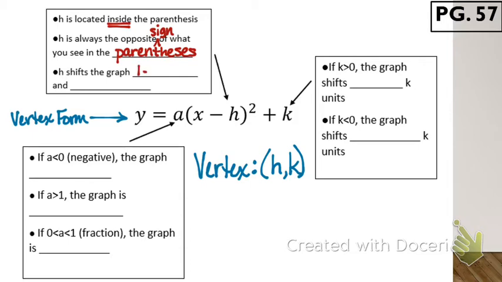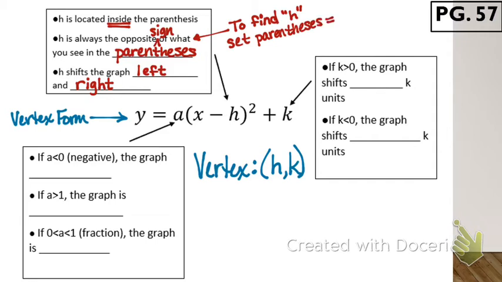H shifts the graph left and right. We did this the other day when we were talking about the different forms. To make sure that you get the correct sign for H, you set the parentheses equal to 0, and if you do that, you will get the correct sign for H each time.